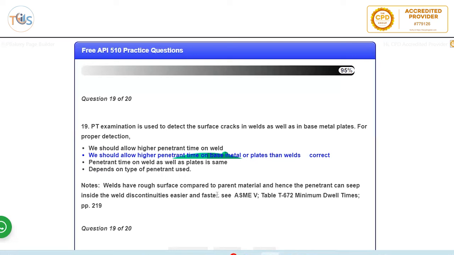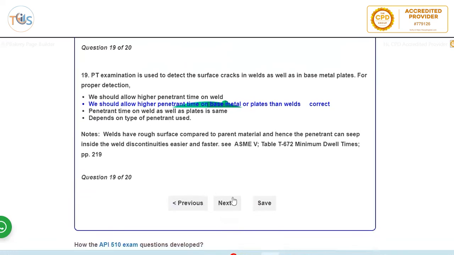When you have ripples, the penetrant moves faster. When it is a very smooth surface, it takes more time for penetrant to go into the voids, holes and any defects. So give more time to penetrant to penetrate the base metal because it's smoother compared to welds.